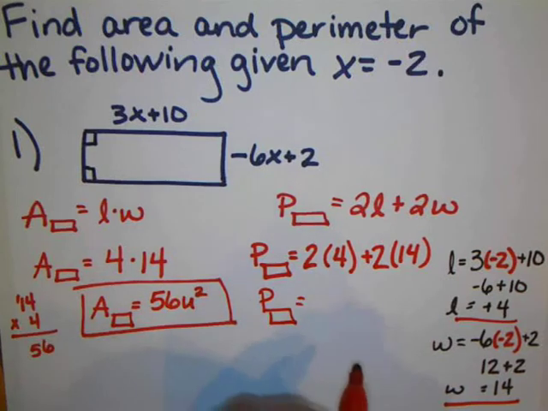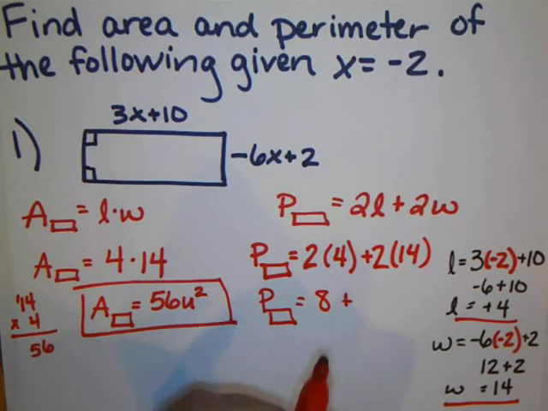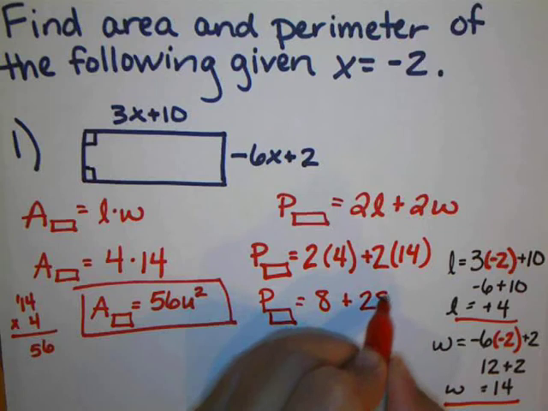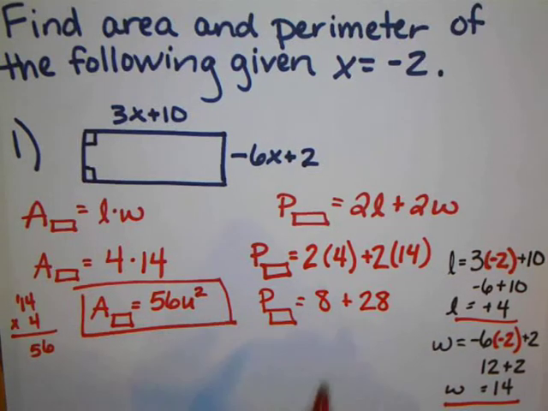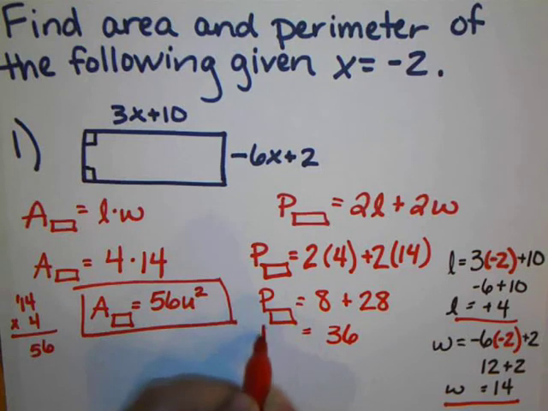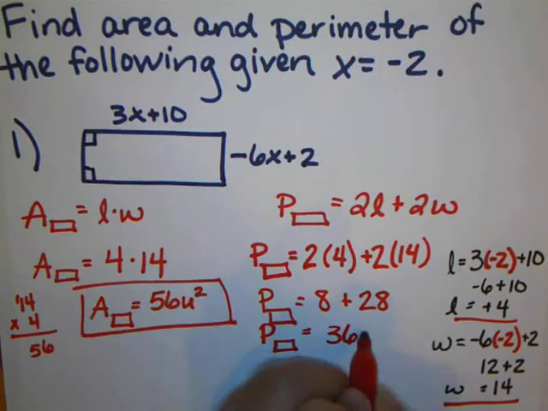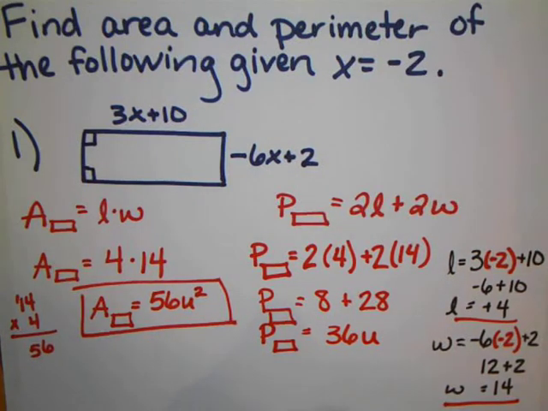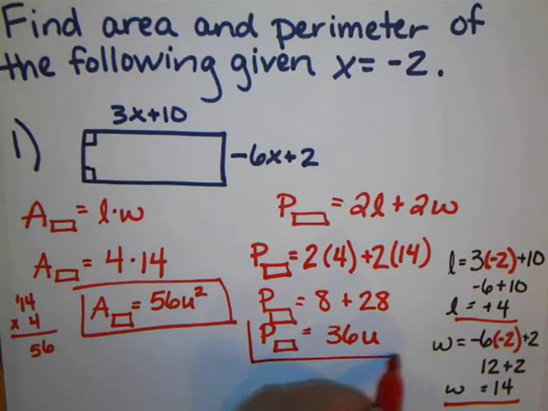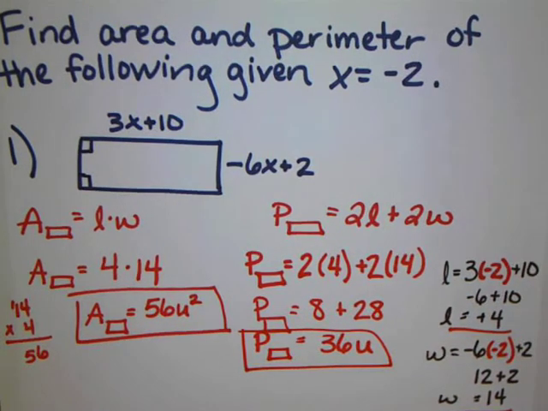So we have 2 times 4 is 8, plus 2 times 14 is 28, and 8 plus 28 is 36. That's the perimeter of my rectangle, and again that's units, and this is a one-dimensional unit. This is a length, so it is not squared. So there are my two solutions: my area is 56 units squared, and my perimeter is 36 units.